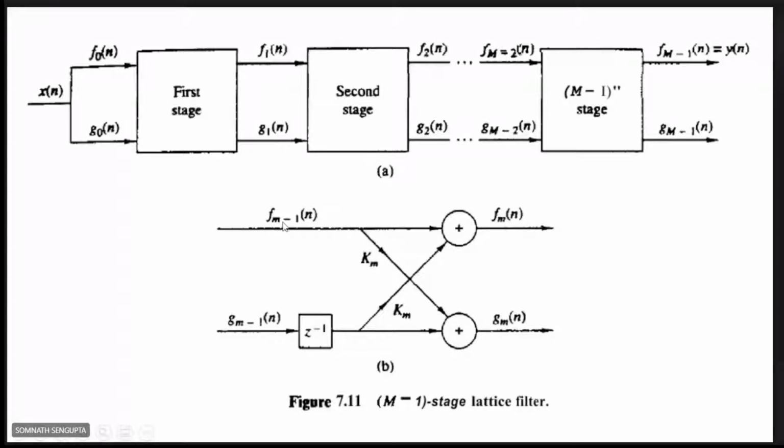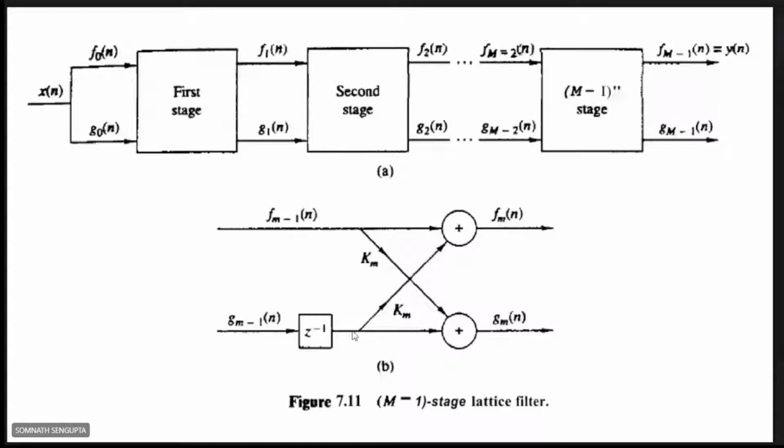Similarly, the second output is the sum of the one input multiplied with coefficient k, added with the delayed version of the second input. So this is the basic lattice structure.